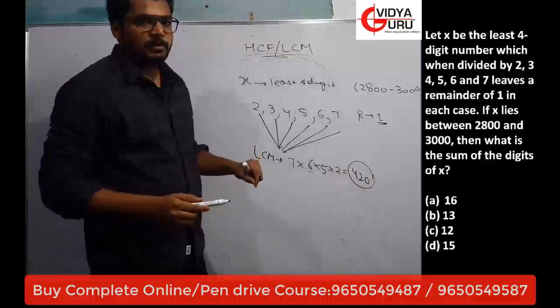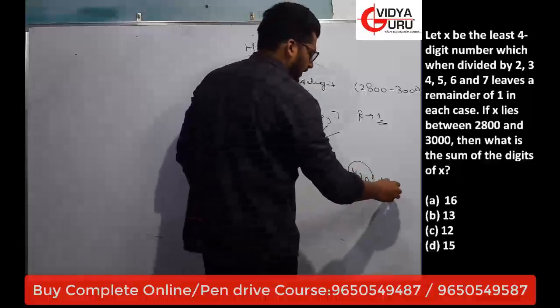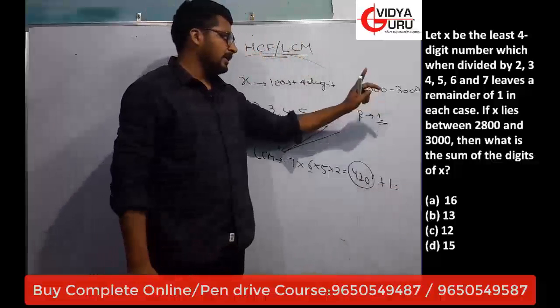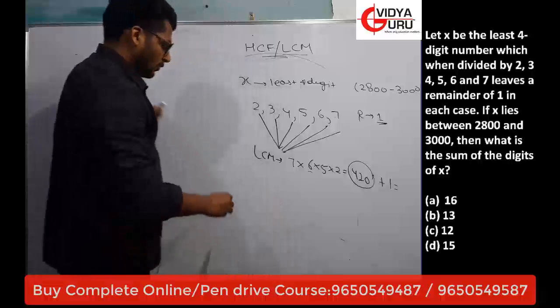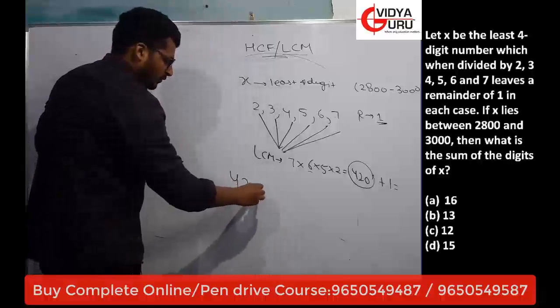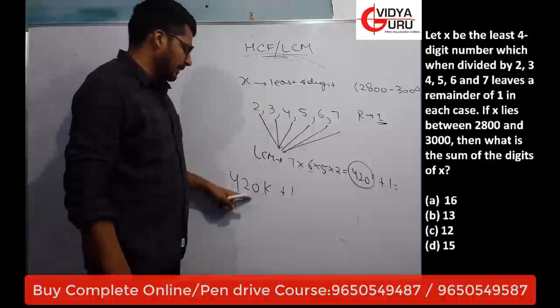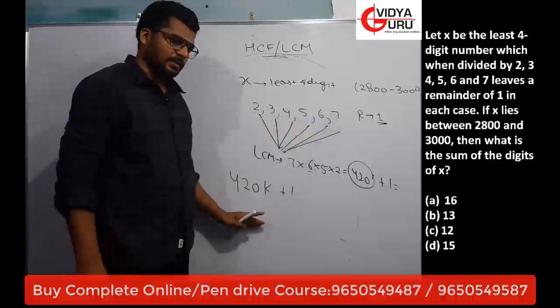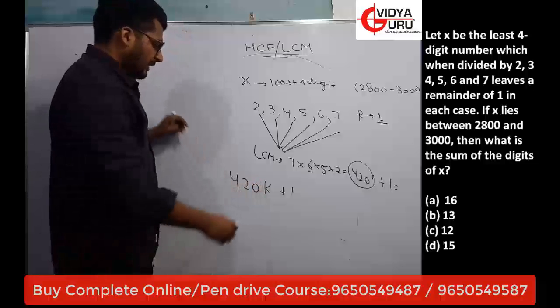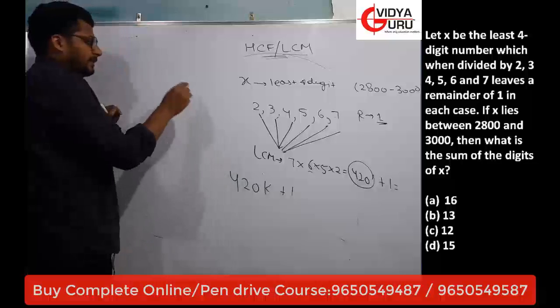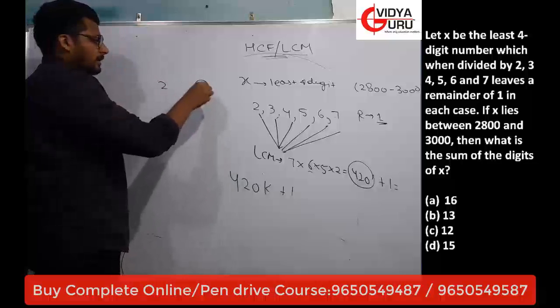Now if the minimum number was asked, the number would be 420 plus 1. But the question is saying the number is between 2800 and 3000. So the number will be of the form 420k plus 1. If this number is divisible by 2, 3, 4, 5, 6, 7, then if I multiply it by any number, it will also be divisible by them. 4 is divisible by 2.